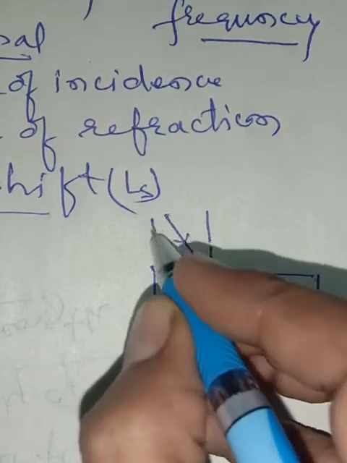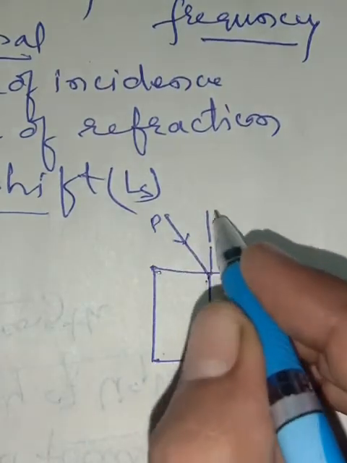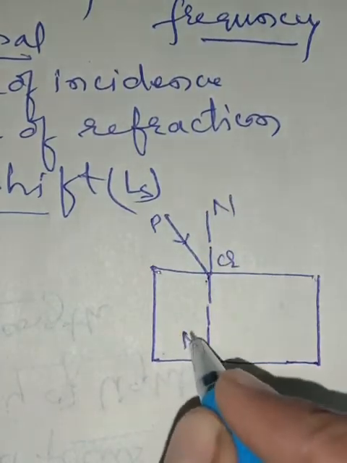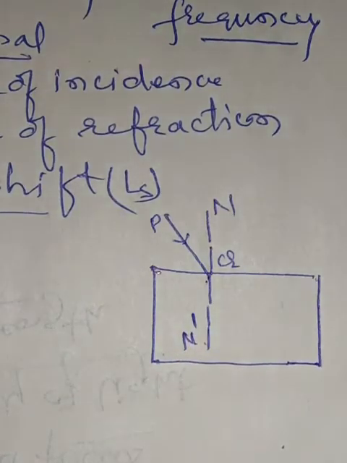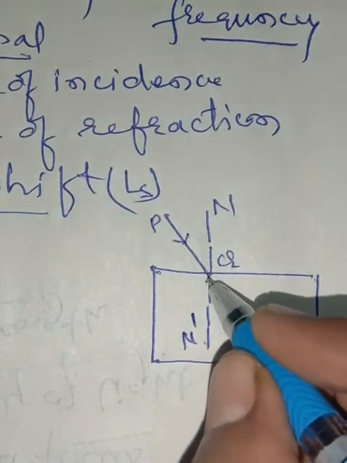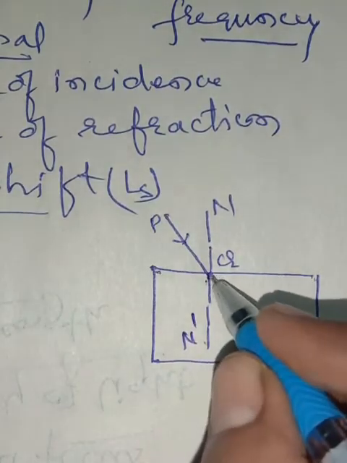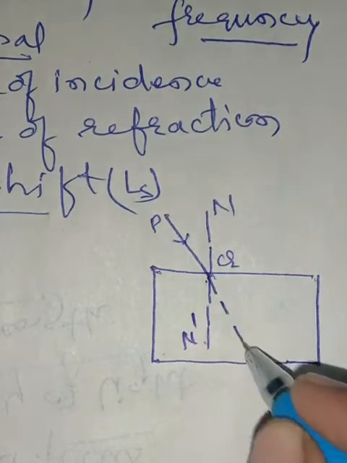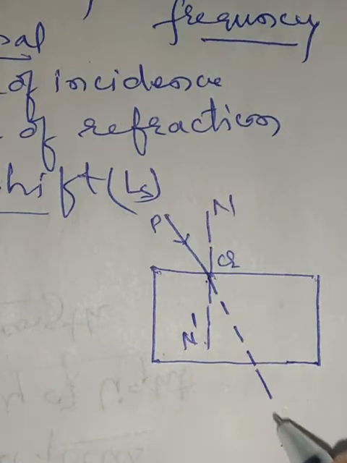If PQ is the incident ray and N dash is the normal, what will happen here? If the glass slab is not present, the ray of light will pass in this particular direction.